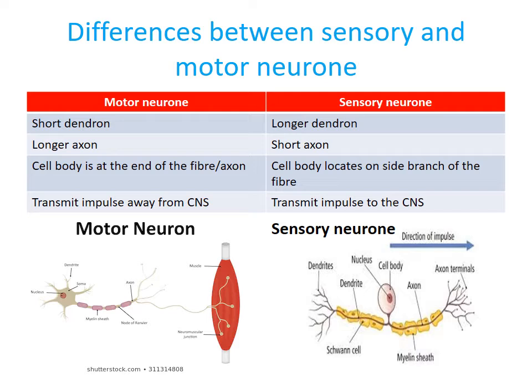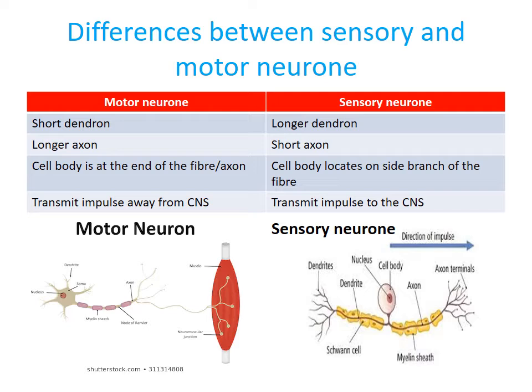When we think about the cell body, in the sensory neuron the cell body is located on a side branch of the fiber, but in the motor neuron the cell body is located at the end of the fiber or the axon.